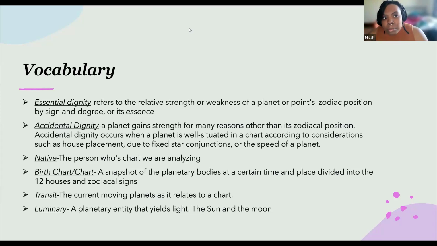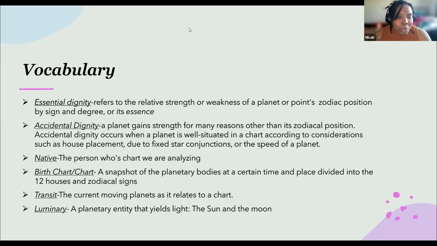Everything technically has a birth chart, to be fair. As we get into solar return charts, that's also why I put "slash chart," because it's not always called the birth chart, but it's essentially a snapshot of what is happening at that time up in the stars.